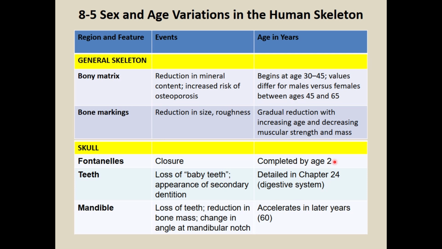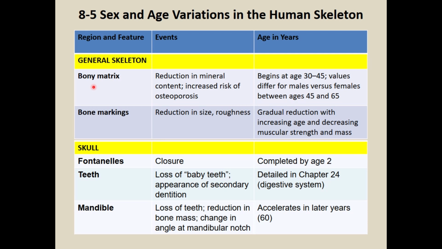There are also changes that happen during aging. One is the bony matrix. As you age, the osteoblast activity decreases, and because of that, there is an increased risk of osteoporosis. The reason for that is a decrease in the level of sex hormones in both men and women.